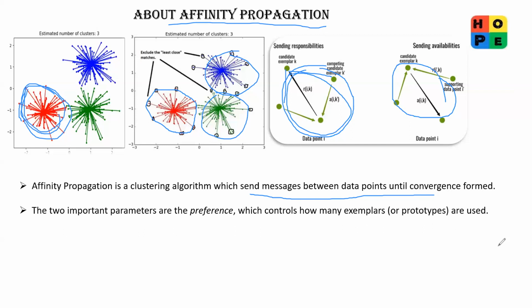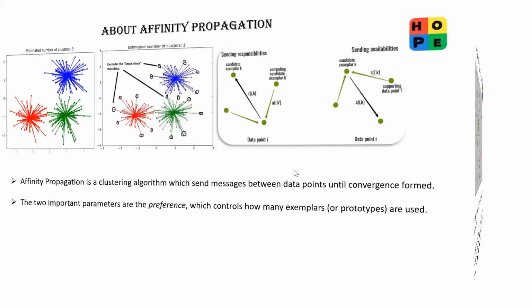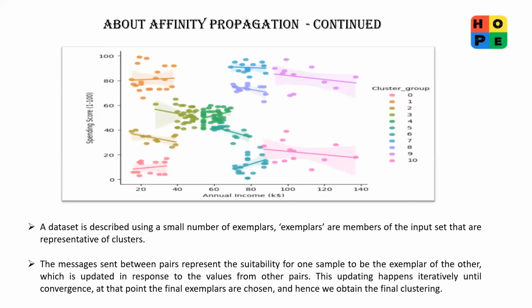So let me just go to the next slide and explain with respect to our classic example on mall customers. In this slide, we are going to discuss the actual data set that we received as a part of the workshop.